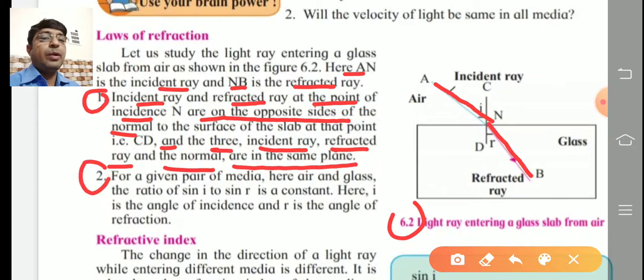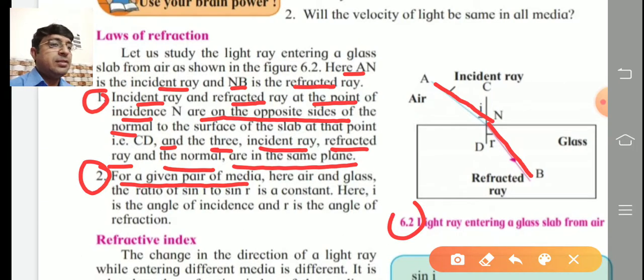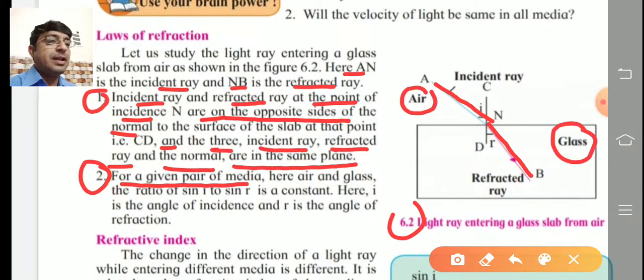What is the second point you write? For a given pair of media, which pair is here? Your pair is air and glass medium. For a given pair of media, such as here glass and air, the ratio of sin i, that is sine of angle of incidence, to sin r, sine of angle of refraction, is constant.